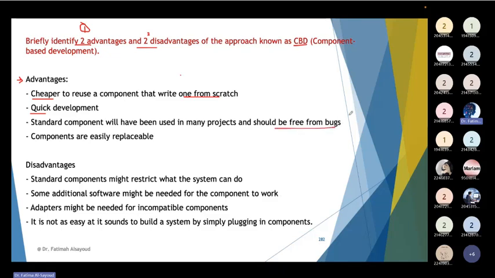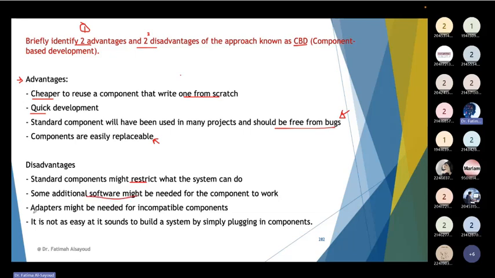What does free of bugs mean? I already tested all the parts that I have: the PC, sorry, the keyboard, the mouse and the RAM. I already tested them. The same thing with the software. Of course, I'm giving you an example of the hardware. Replaceable: I can replace keyboard A with keyboard B as long as it follows the design by contract that we talked about. A disadvantage, restrictions, as we said, it may need another part.